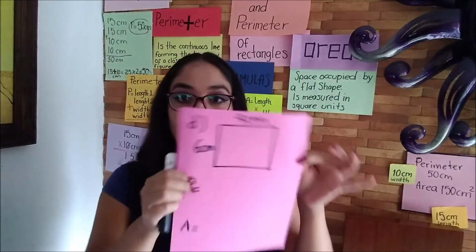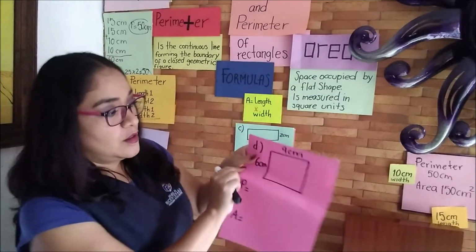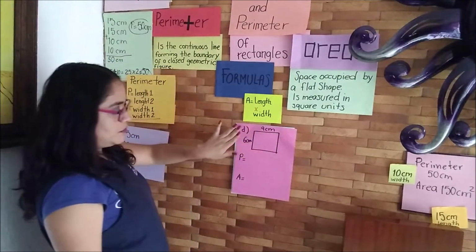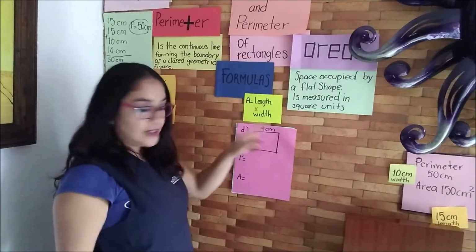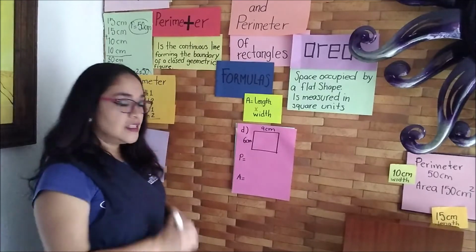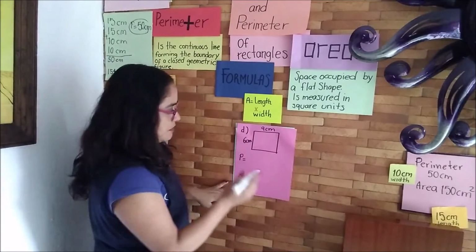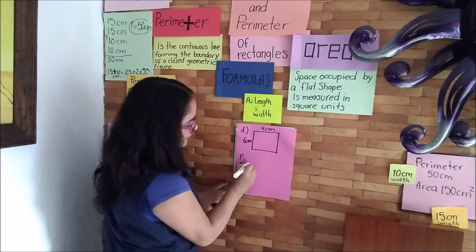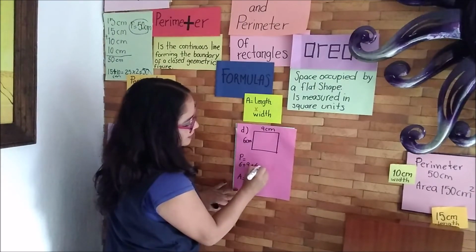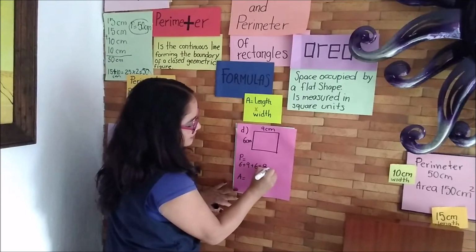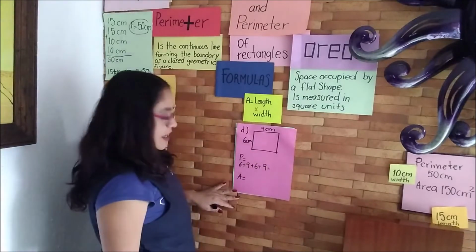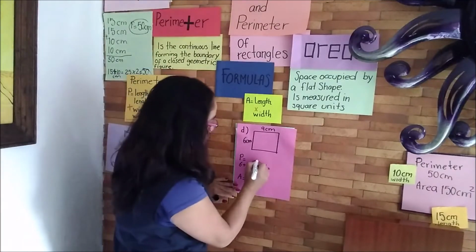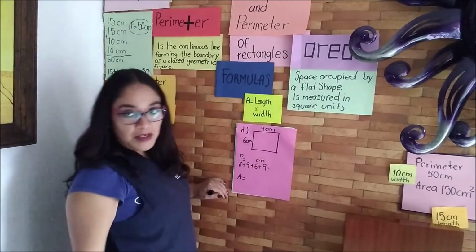Well, time for exercise D. We have a square that measures 9 centimeters length and 6 centimeters width. Perimeter. So we're going to add 6 plus 9 plus 6 plus 9. We know that all of them are centimeters, so our units are going to be centimeters, okay?